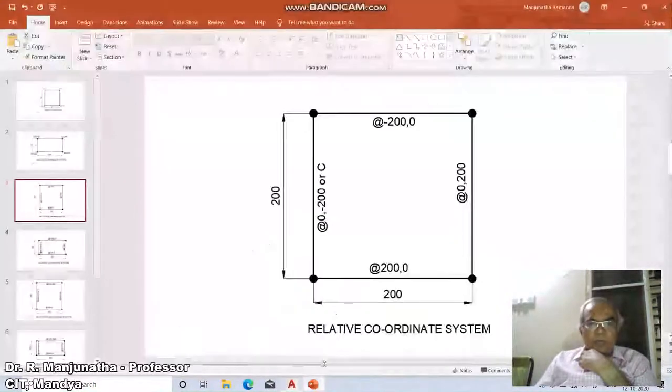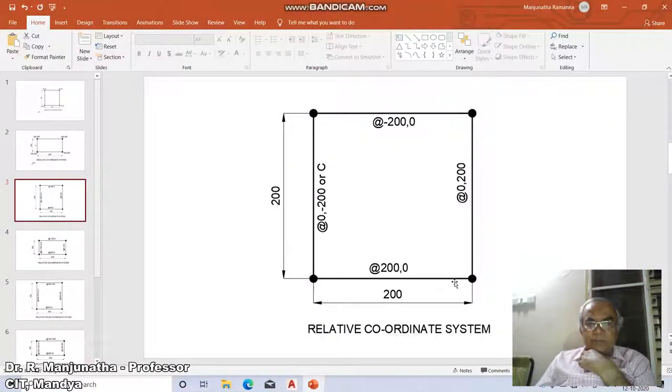So now, here it says 200 mm. So the position of this point, now we are moving along the direction of the UCS x-axis, it is positive. So what is the position of this point with reference to this? This point will be treated as 0, 0.